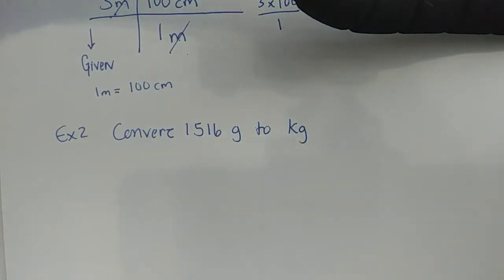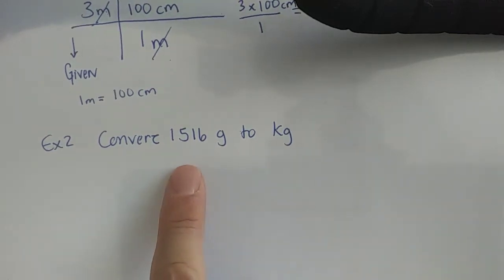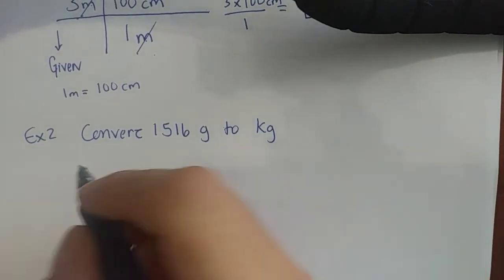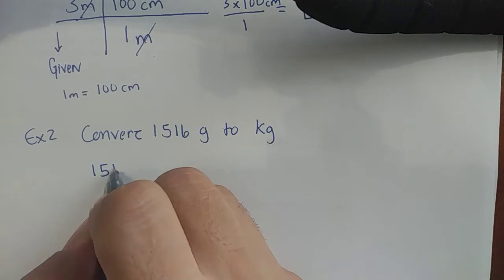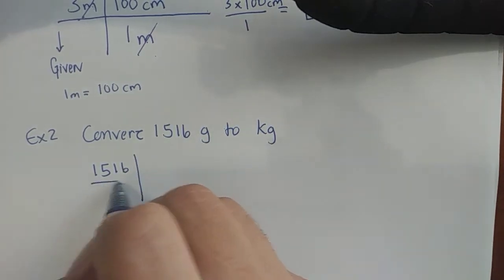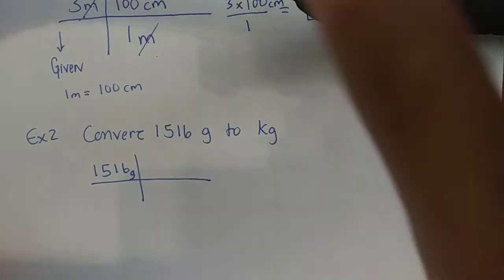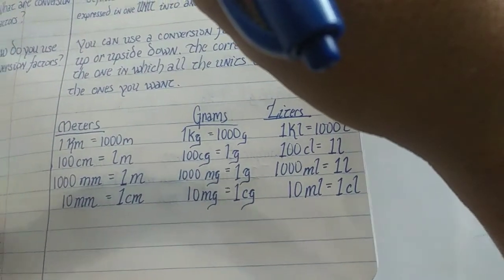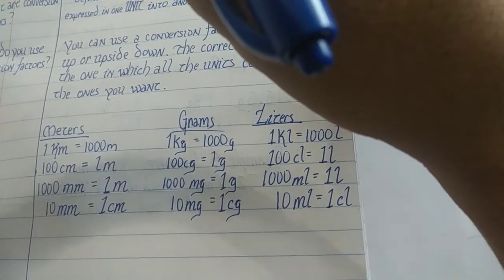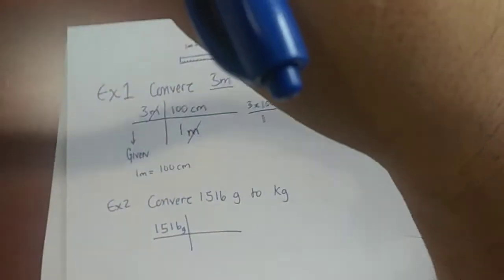So how many kilograms are in 1,516 grams? All right, so we're going to write down what's given. Put our fence up. Oh, we should write grams in there. So now we look for a conversion factor from grams to kilograms. And you'll see it here. Let's see. Grams to kilograms. 1 kilogram is equal to 1,000 grams.